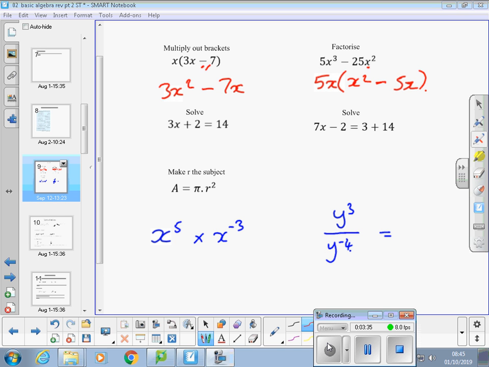You can make this term here 5. 5 is a common multiple of the two coefficients, and x squared is common. Then put your brackets and have a single x there minus 5.